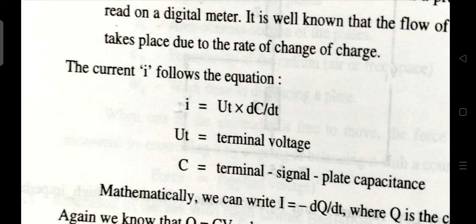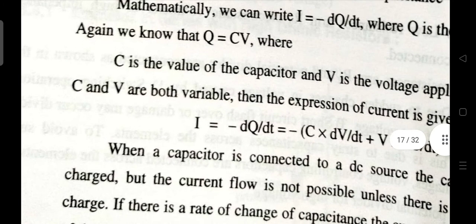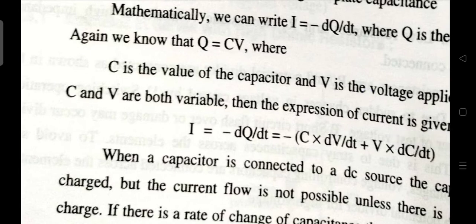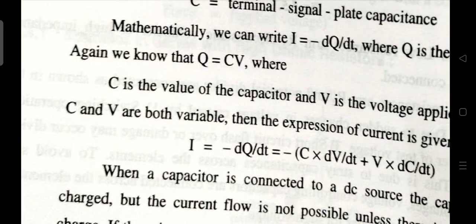If C and V are both variable, then the expression of the current is given by this: I equal to minus dq by dt. Here we differentiate q equal to CV. Since it is a multiplication, in the first term C will be constant and V is differentiated, and then in the second term V will be constant and C is differentiated.